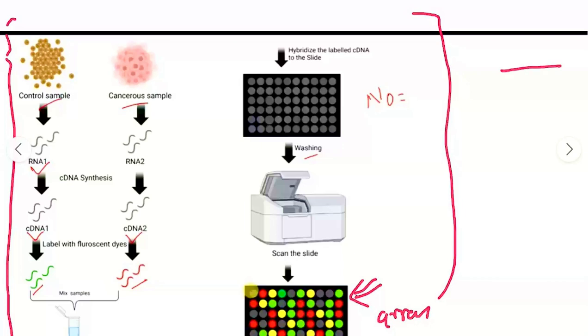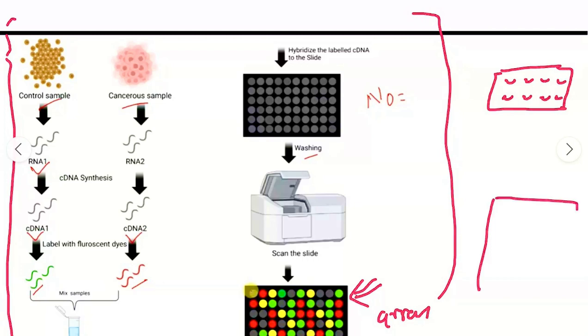This is your microscopic slide, where we have a number of samples. They have placed it like this: chromosome number 1, 2, 3, and so on. They have made a sequence of the chromosomes. Here they have placed the known DNA sequences.